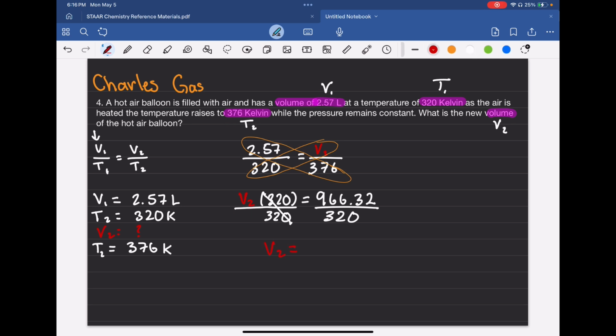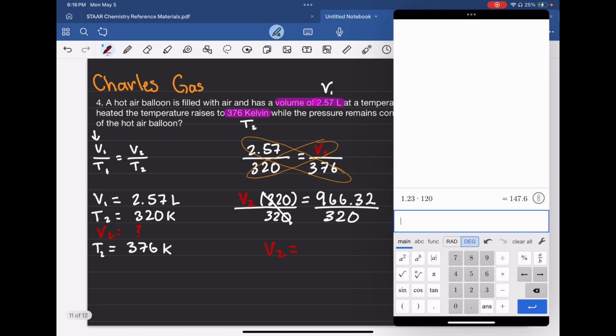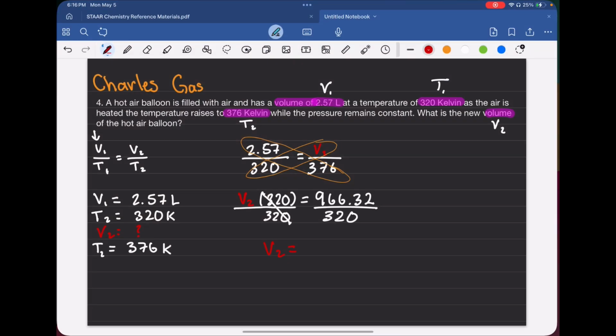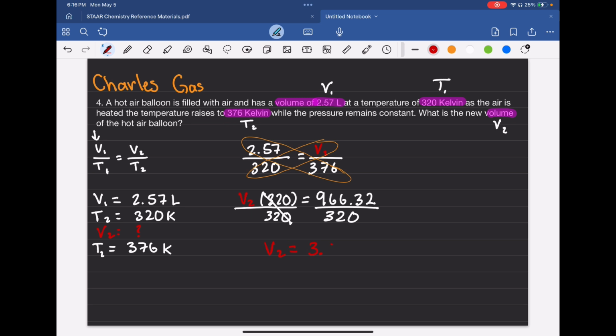So our final volume is 966.32 divided by 320, and it gives us 3.01. Okay. We use liters, so it's 3.01 liters.